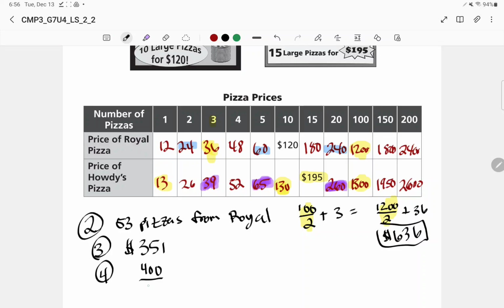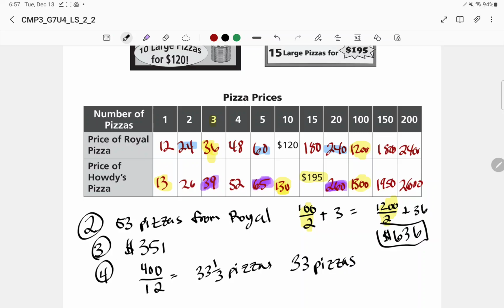So if I have $400 and each pizza costs $12, that will allow me to purchase 33 1/3 pizzas. But they're not going to sell you 1/3 pizza, so maybe you can get a small salad. But otherwise, you can only get 33 pizzas.